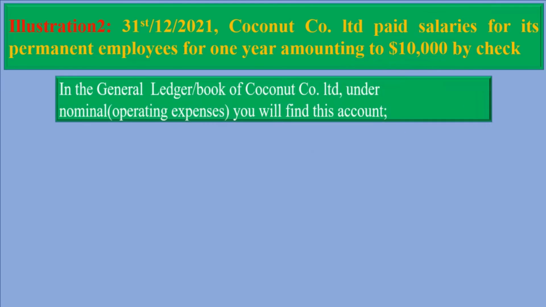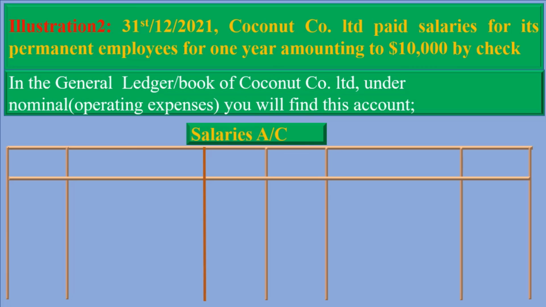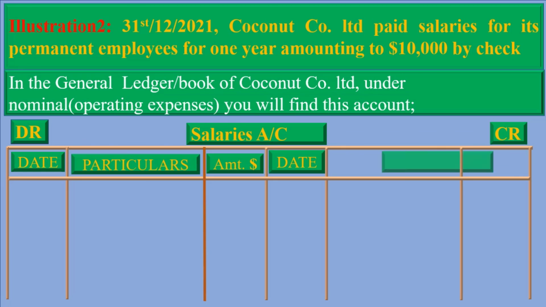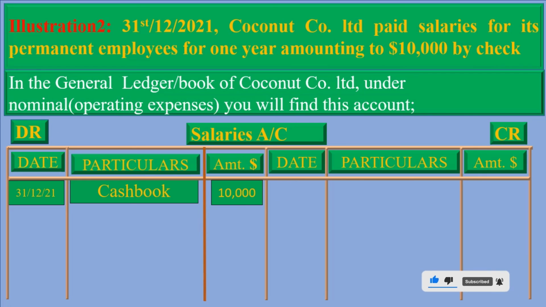In the general ledger book of Coconut Company Limited, under nominal, that is operating expenses, you will find the salaries account. This is a good example of an operating expense account of a business. So the entries are recorded as follows: on 31st December 2021, we see the cash book recorded on the debit side of 10,000 in the salaries account.